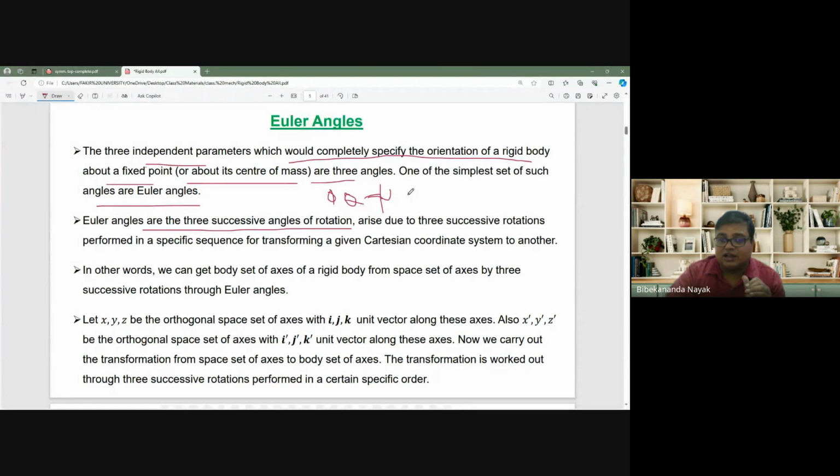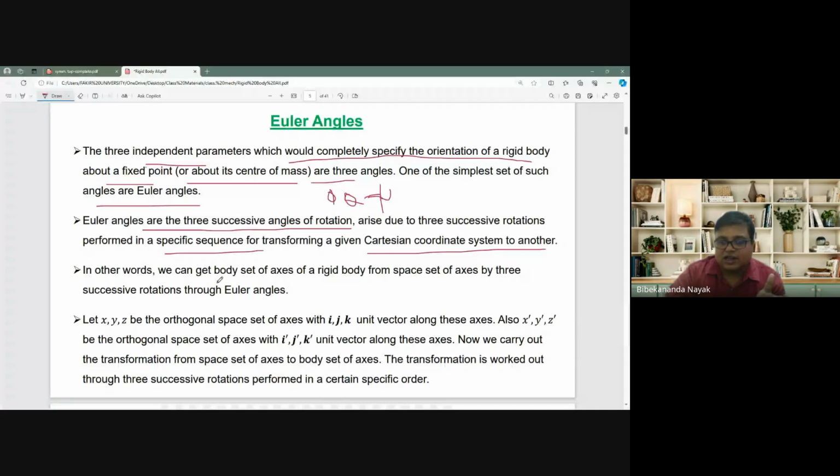Euler angles mean the 3 successive angles of rotation arising from 3 successive rotations performed in a specific sequence for transforming a given Cartesian coordinate system to another, meaning body set of axes to space set of axes, or space set of axes to body. Both are Cartesian coordinate systems.